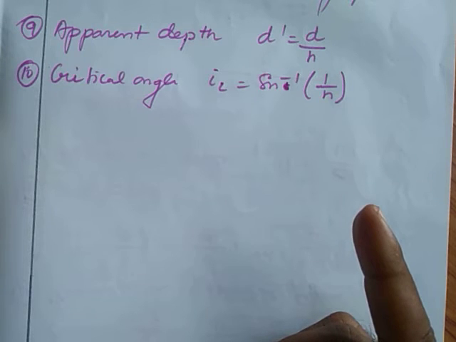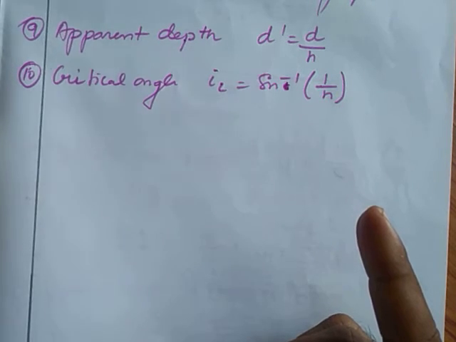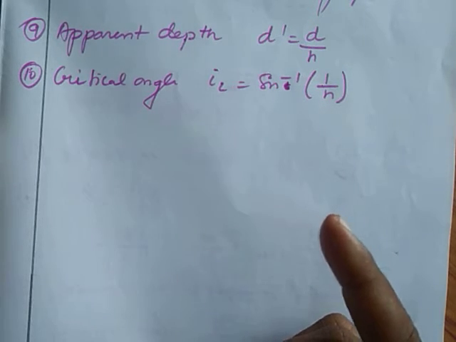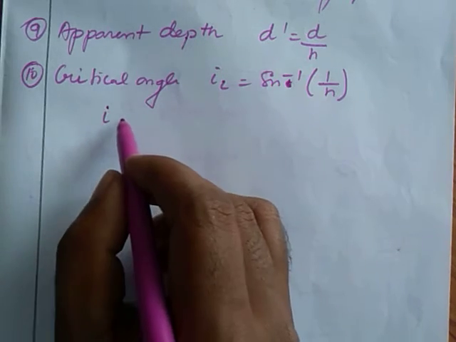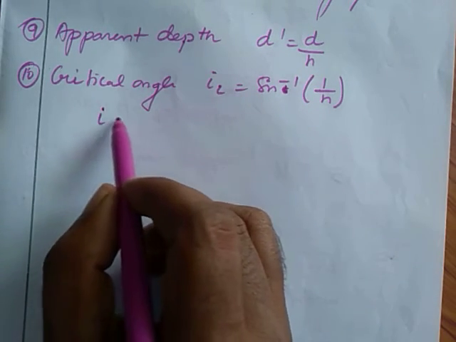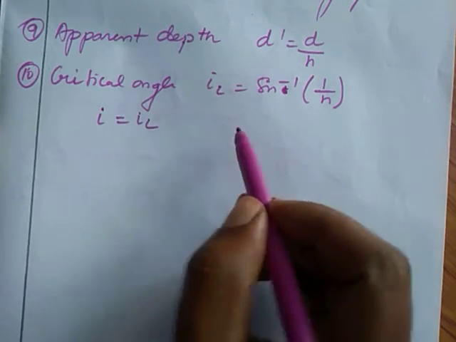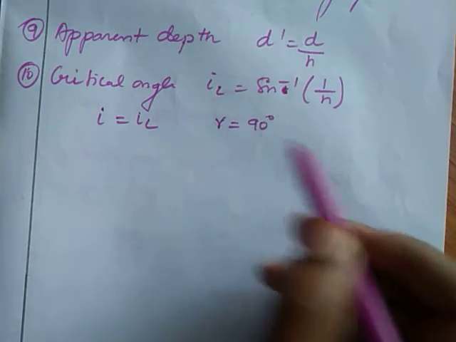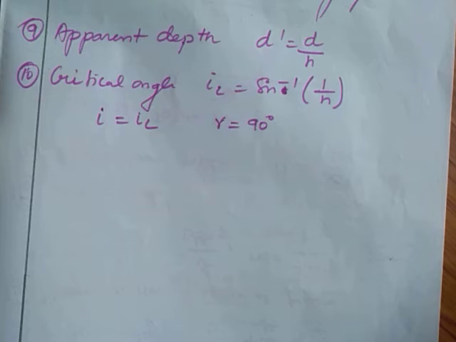Okay, critical angle of incidence is the angle of incidence in a denser medium for which the refracted ray crosses the boundary. When the angle of incidence in the denser medium is equal to the critical angle, at that instant the refracted ray grazes the boundary. That means the angle of refraction becomes 90 degrees.